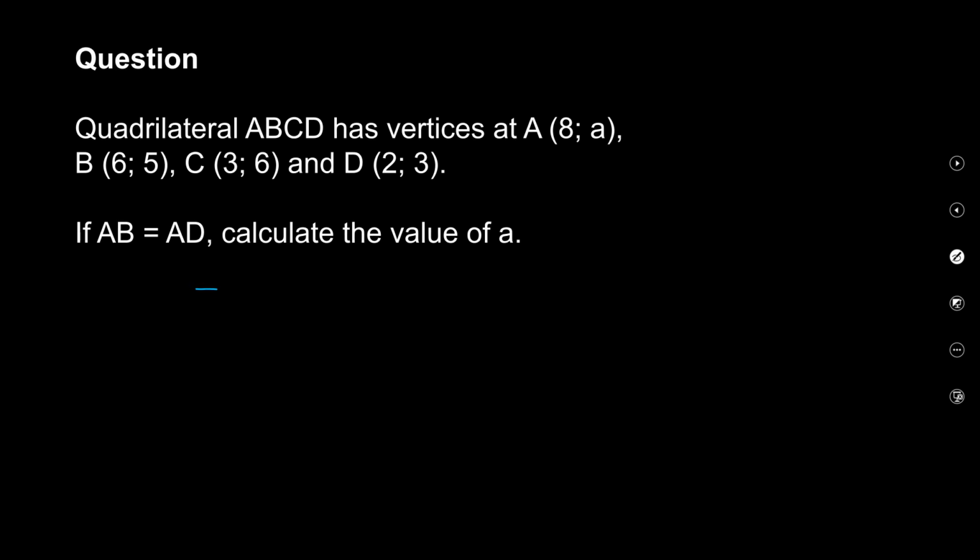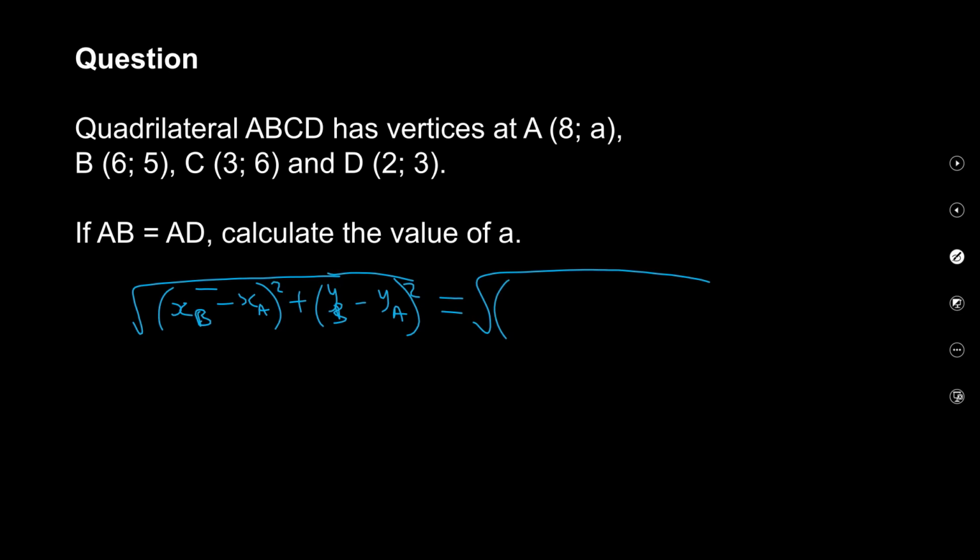The distance is the square root of the x at B minus the x at A, all squared, plus the y at B minus the y at A, and then all of this is equal to the square root of the x at D minus x at A squared, plus y at D minus y at A. And this is what you will then use to try and find the value of A. I really hope that this clarifies, I just don't have much more time to complete it, but this is what you will then do to find the value of A.